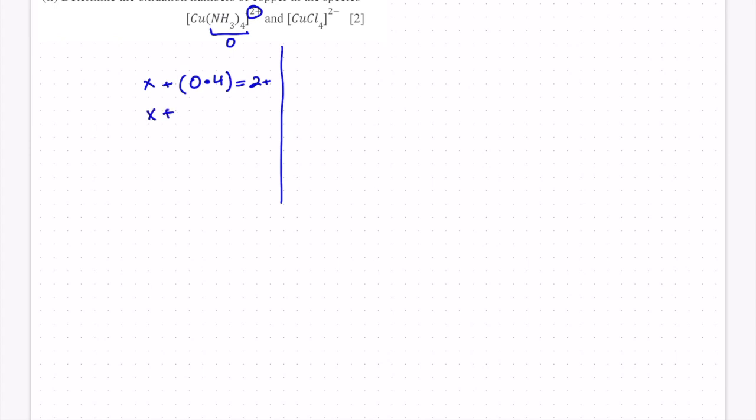So x plus 0 equals 2, which allows us to see that x equals 2+, and so the oxidation number of copper is +2. The plus must be before the 2 because it's an oxidation number, and this is how they are written.